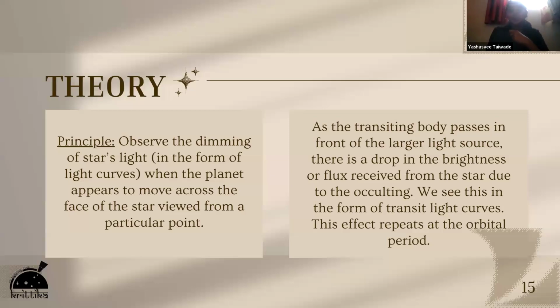If this is seen in a periodic manner, then we can say that it is an exoplanet. We observe this change of brightness or flux in the form of transit light curves, and the effect repeats at the orbital period. So according to the planet's period, we observe the effect.